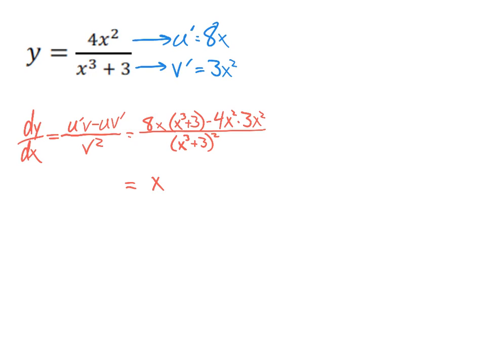We could pull out a 4. All right, so that's going to leave a 2. I'll put brackets here. That's going to leave a 2 times x cubed plus 3 minus, if I pull out a 4x, that's going to leave us with a 3x cubed, and that's x cubed plus 3 squared.